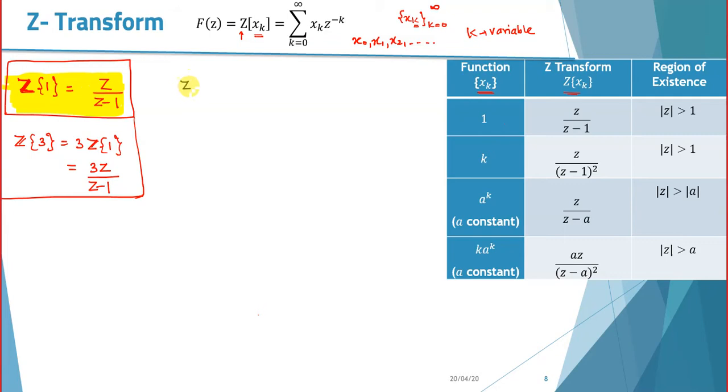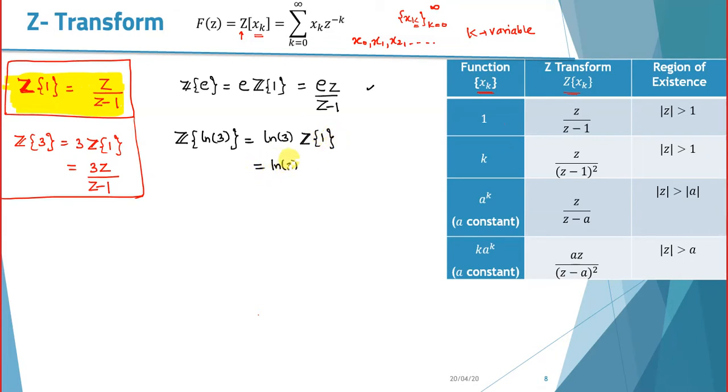As I was explaining, e is a constant, so you can take e outside: e times the Z transform of 1, and the Z transform of 1 is z over z minus 1. We got the answer. You can do this with any scalar. Like if you have ln of 3, again it's a scalar, so you can write ln 3 times the Z transform of 1, which is ln 3 times z over z minus 1. This is how you work with the first rule.